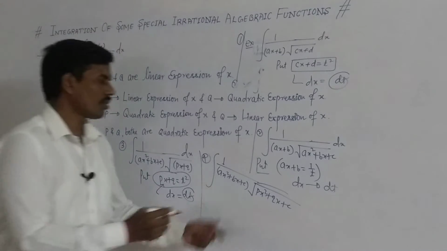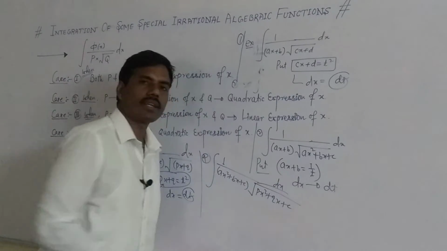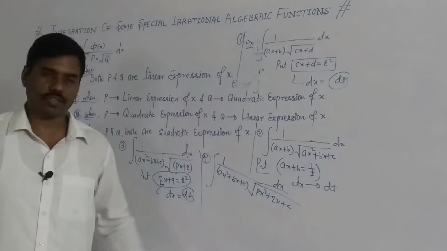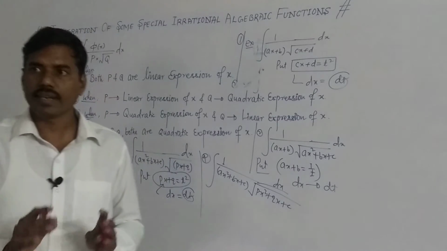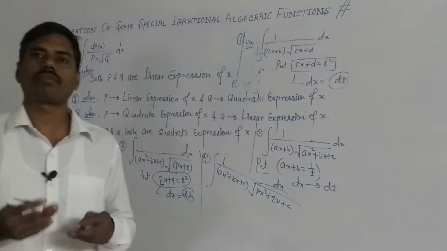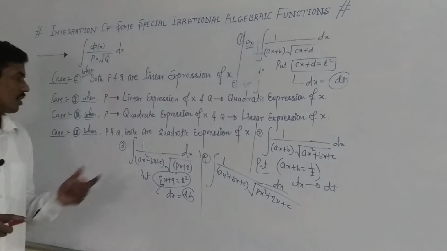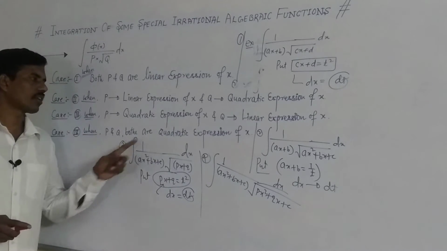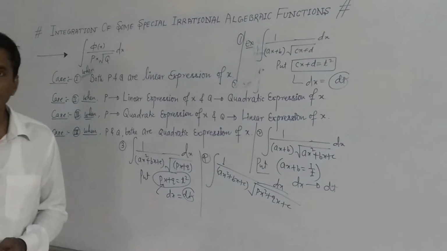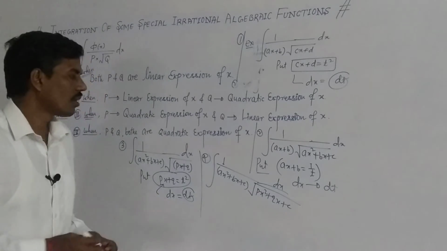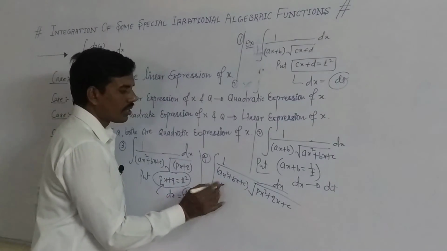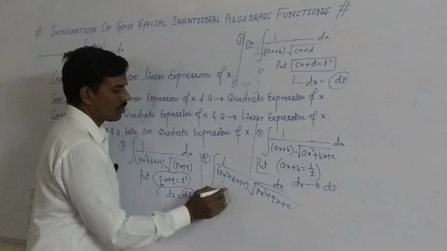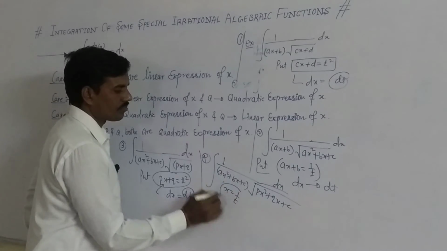This one is our second quadratic expression of x. So in case 4, when both p and q are quadratic expressions, we have to substitute x is equal to 1 upon t.